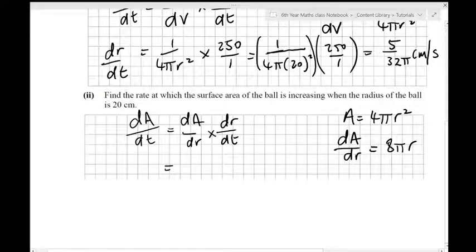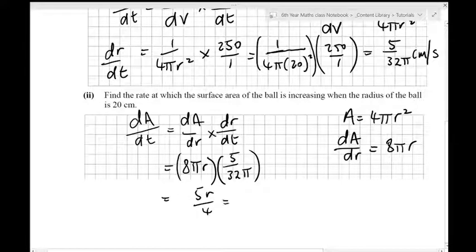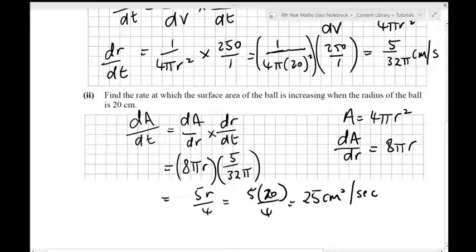So then it's just a matter of subbing that in. So we have 8 pi r multiplied by our answer from the previous part, which is 5 over 32 pi. And when you simplify all that, you get 5r over 4, 5 times 20 over 4. That leaves us with 25 centimeters squared per second. And that's the second part of that.